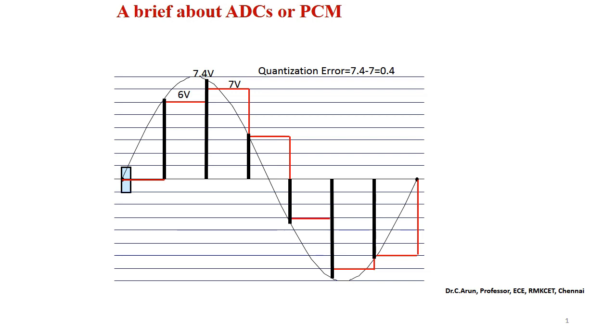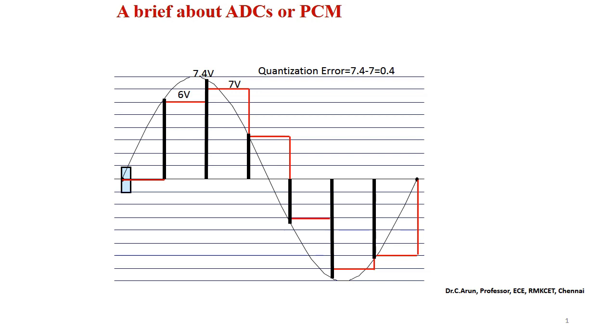For example, here I am going to take the second sample value, which is 7.4. After quantization, that 7.4 will be converted to 7. That is, the sample is falling in between these two lines, so we are going to round up to the nearest value. So 7.4 will be converted to 7.